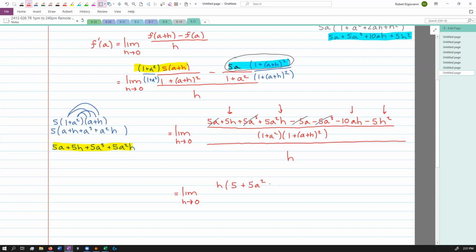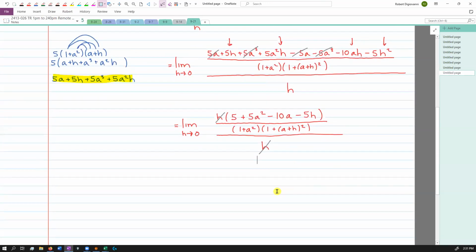Okay, on the second to last one, I pull that h, I get minus 10a. Pull an h out of the very last one, minus 5h. All over my common denominator. And then all of that over h, and that's when the h's go away.